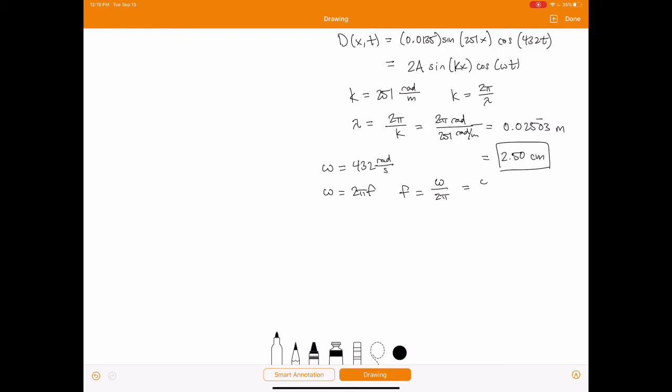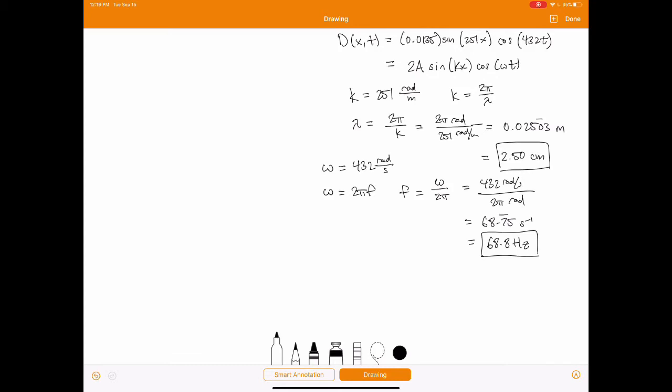So we have 432 radians per second divided by 2 pi radians. And what we get as a result of this is 68.75. We're left with just seconds inverse as our unit. Keeping 3 sig figs, we'll get 68.8 hertz. So again, remember, inverse seconds, hertz, that's the same unit. So 68.8 hertz is our frequency.